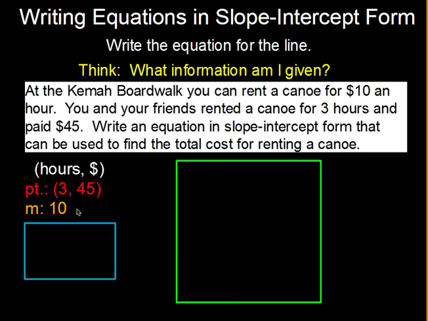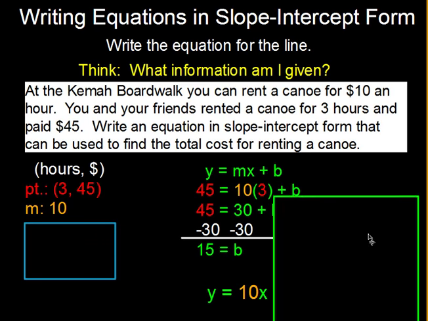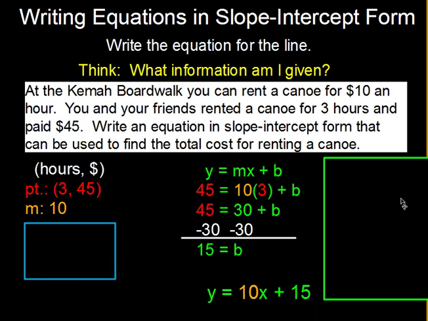Again, we know a point and the slope, so we're going to substitute that into our formula. And once we simplify, we will find that b is equal to 15, and we substitute into our slope-intercept form m, which is 10 in this case, and 15, which we found for b.